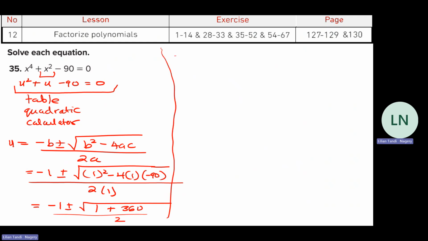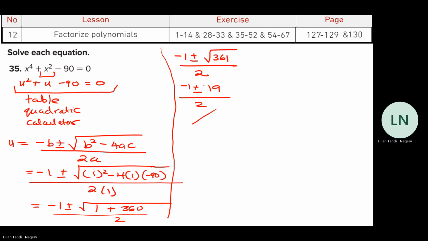That gave me negative 1 plus or minus the square root of 361 over 2. Negative 1 plus or minus, I think this is 19, over 2. And that gives me two answers. Negative 1 minus 19 over 2. Negative 1 plus 19 over 2. That gives me negative 20 over 2 and 18 over 2. That gives me negative 10 and that gives me 9.